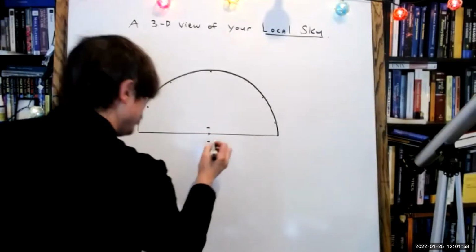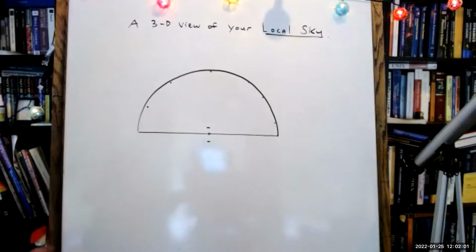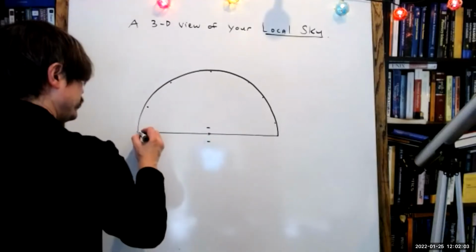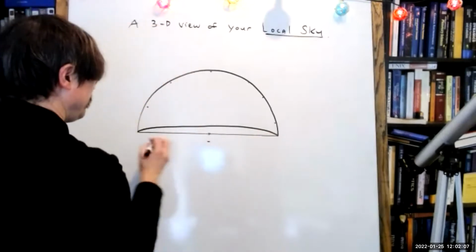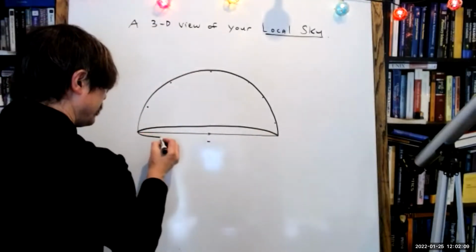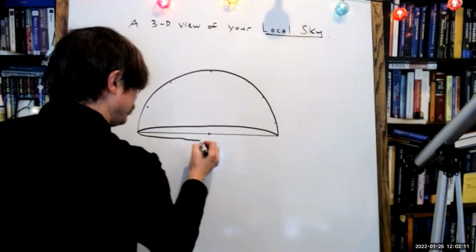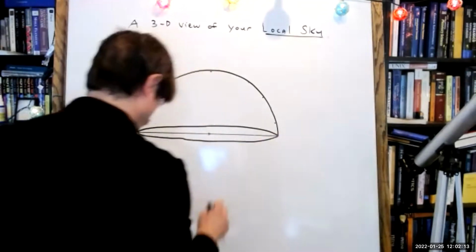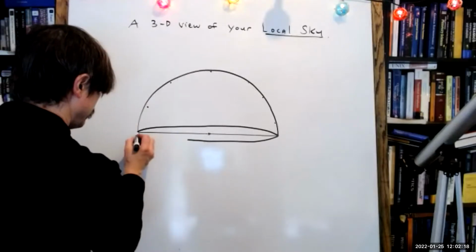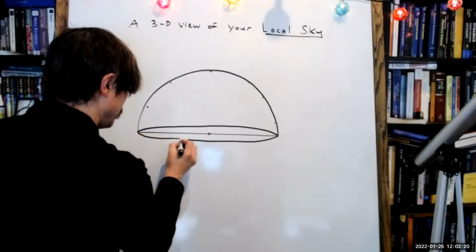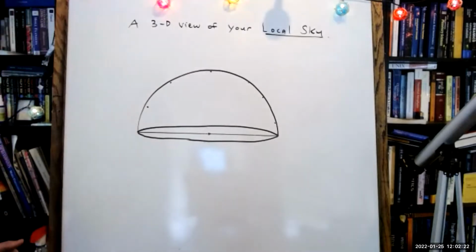Okay. And now I'm going to connect the edges of the ground to those two dashes. And that's going to help me make a disk that is the ground or the field that we are standing in. It doesn't have to be super perfect, but work on mine here. Yeah. All right, well.